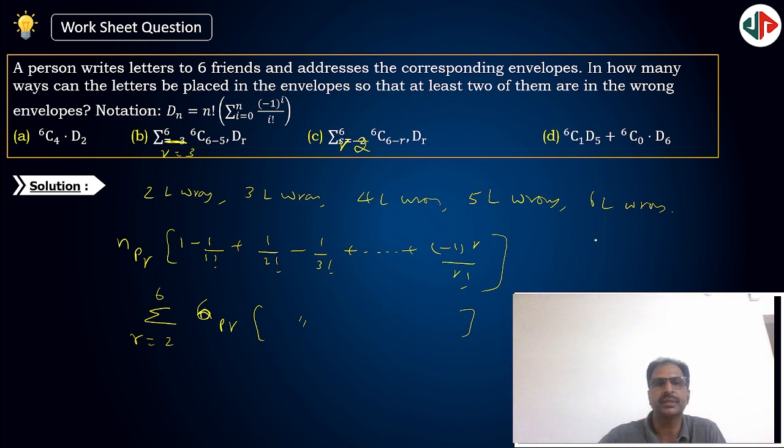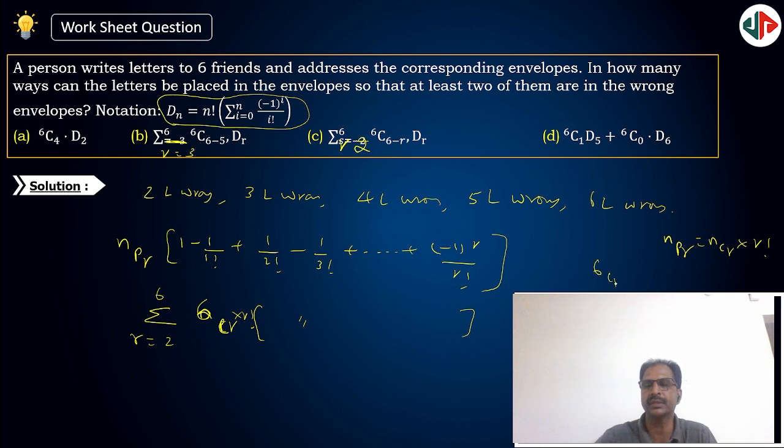Now nPr is nothing but nCr into r factorial. So 6Pr can also be written as 6Cr into r factorial. So write this 6Pr as 6Cr into r factorial, and this notation is given as Dr. So this will be Dr, and 6Cr is same as 6C(6 minus r).